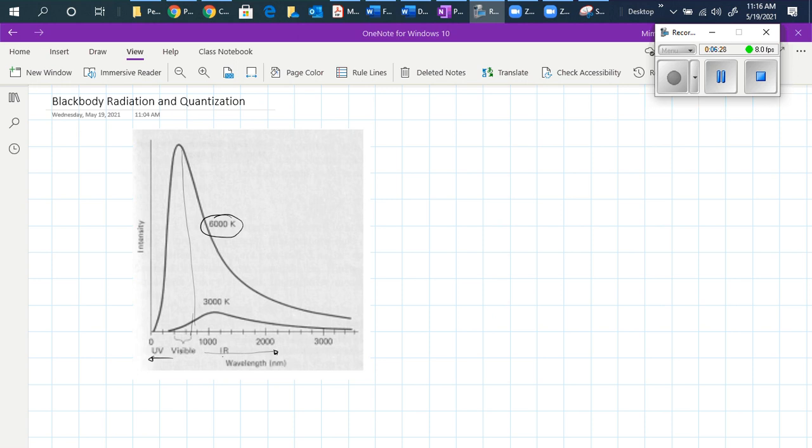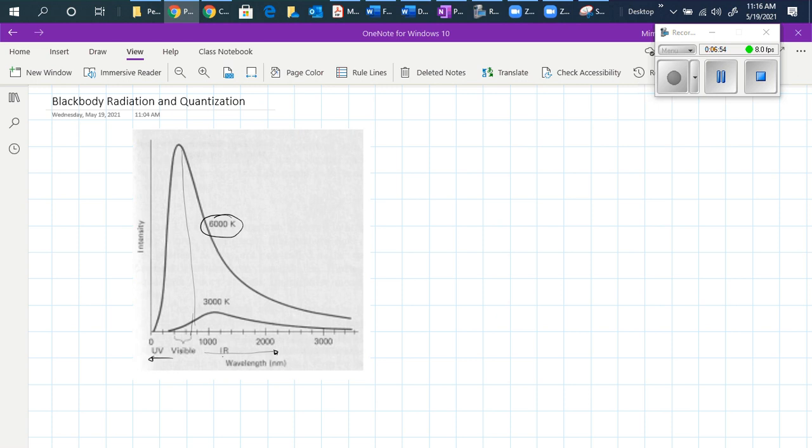This prediction leads to a bizarre conclusion. If you heat an object, it will emit a smaller amount of infrared energy, a little more red light energy, more blue, more violet, and a tremendous amount of X-rays, and so on.